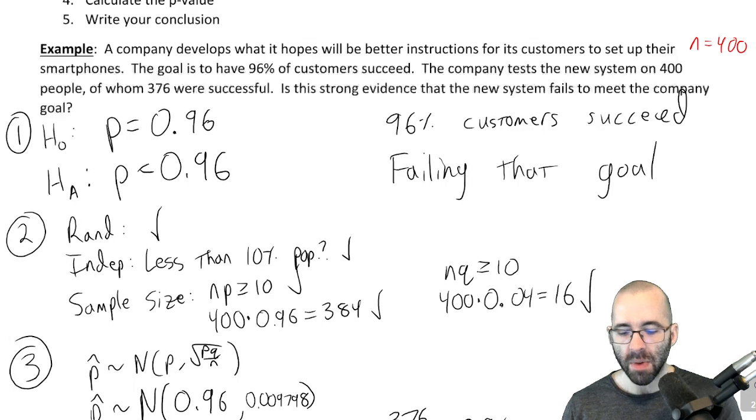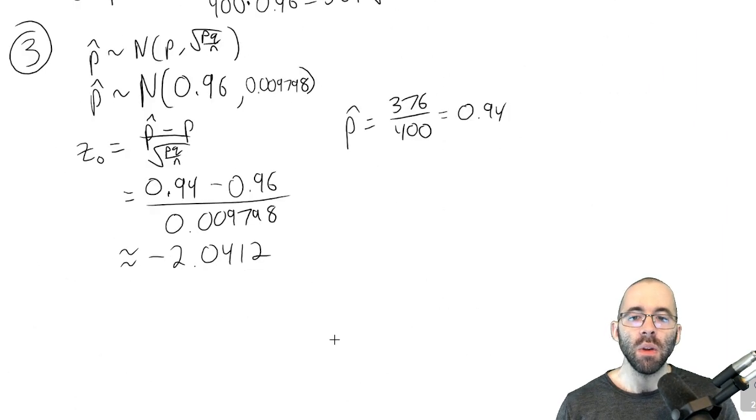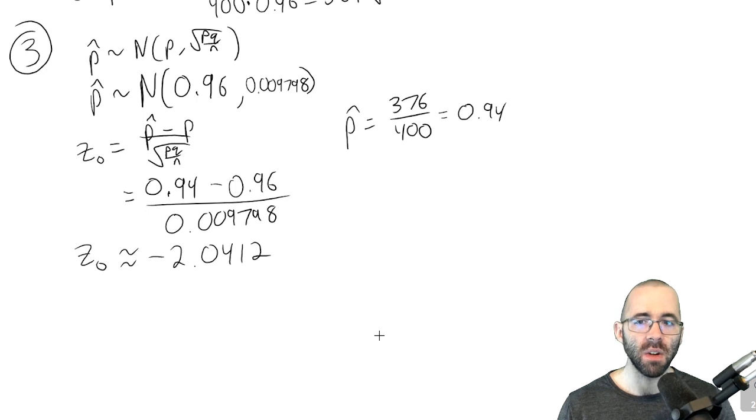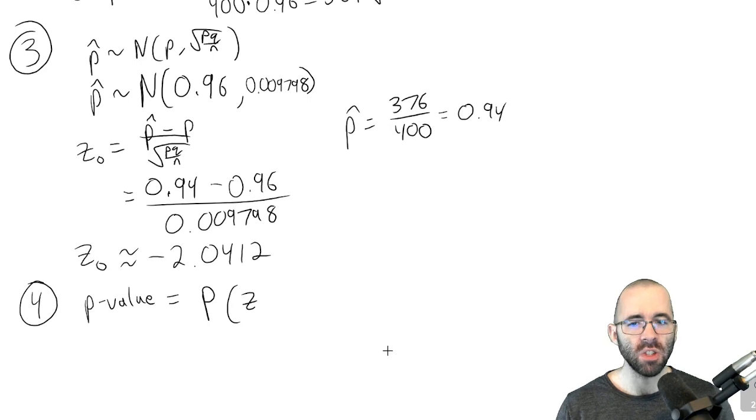So let's go all the way back to this example with a company trying to set up instructions for their smartphones. We found that our test statistic was about -2. Let's find the p-value. The p-value is just the probability. Ooh, which test are we using?